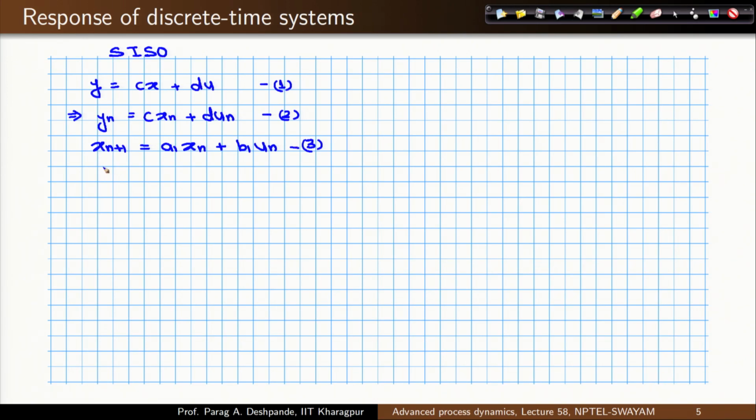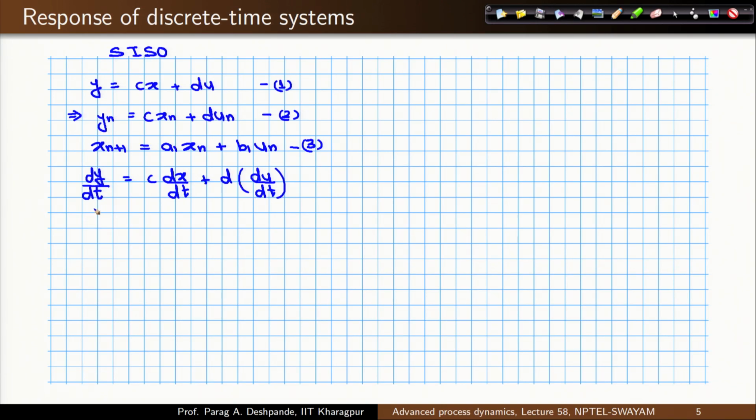From equation number 1, I can write dy by dt is equal to c times dx by dt plus d times du by dt. So, let me discretize this equation now.